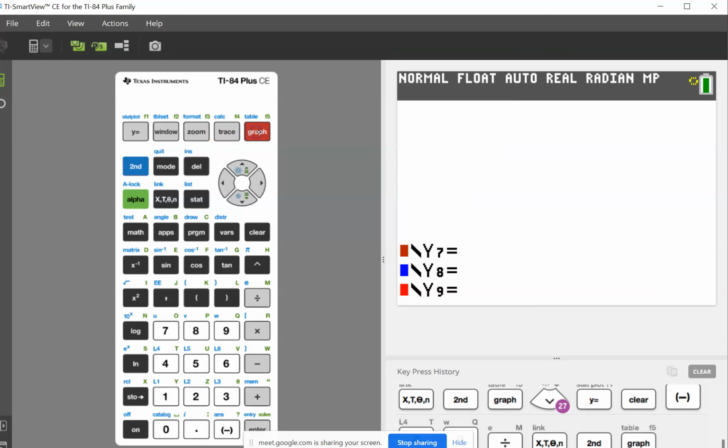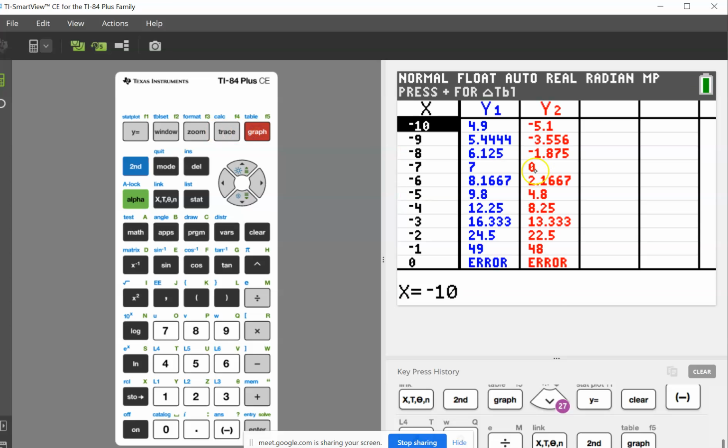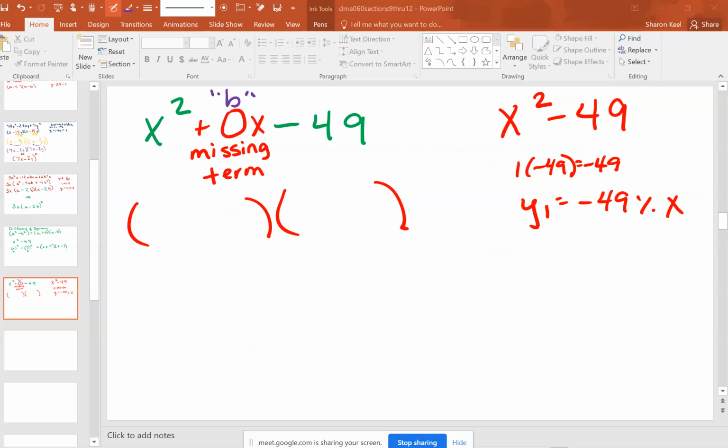When I go second table and there's no number in the middle, that missing term is the 0. So here we have a positive 7 and a minus 7. So here, that's our x plus 7 and our x minus 7. So even though you have a formula you could memorize, you can still use the same method that we were just using. And when there's a missing term in the middle, you're looking for a 0 for that middle term. And that gives you your values here.